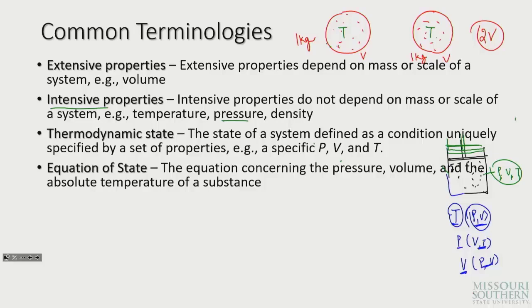So the equation concerning the pressure, the volume and the absolute temperature, in terms of the Kelvin scale, which we call absolute temperature, we'll talk about in the next topic. The equation concerning the pressure, volume and absolute temperature of a system is what is called the equation of state.